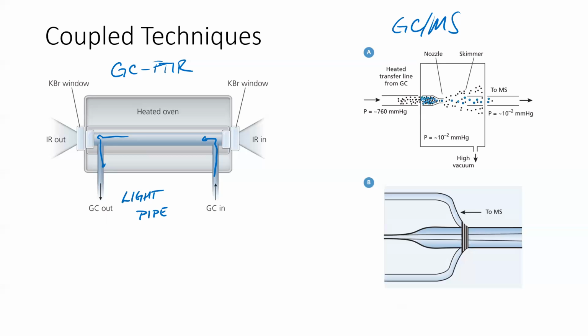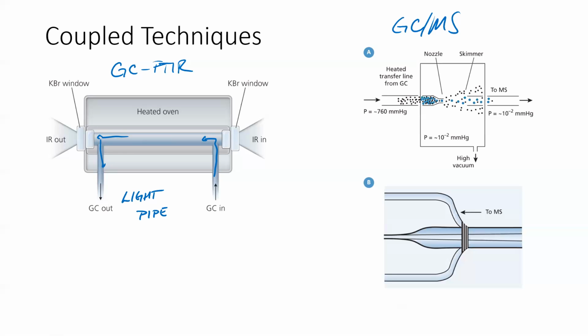And so your sample, your mobile phase, is flowing through that light pipe, and the IR is taking a reading every, I don't know, second, every 2 seconds, something like that. Again, this is one of those techniques that couldn't have been done 20 or 30 years ago because FTIRs were not fast enough. And certainly scanning IR was not fast enough to do this.